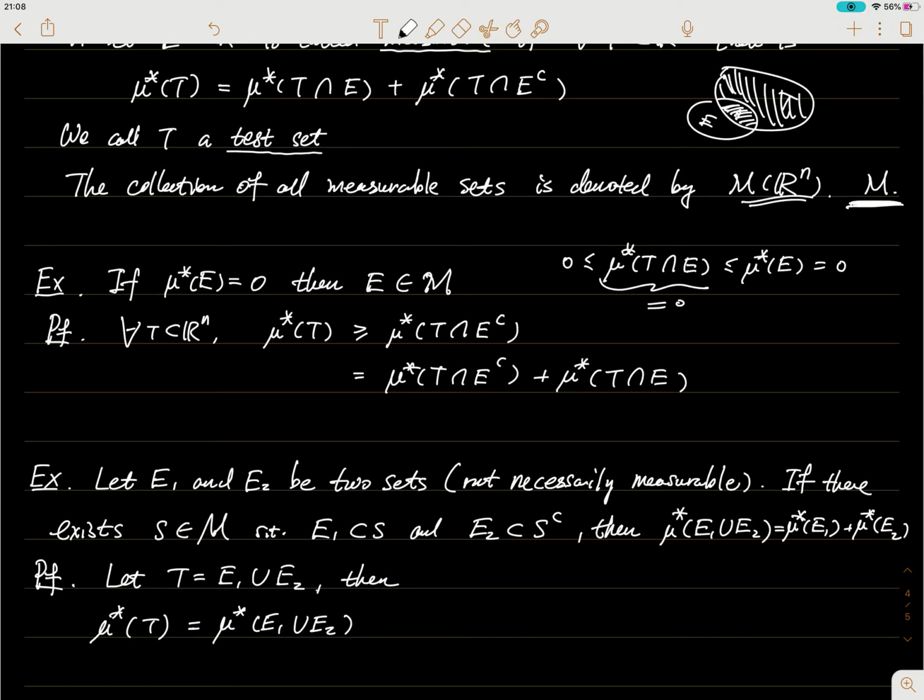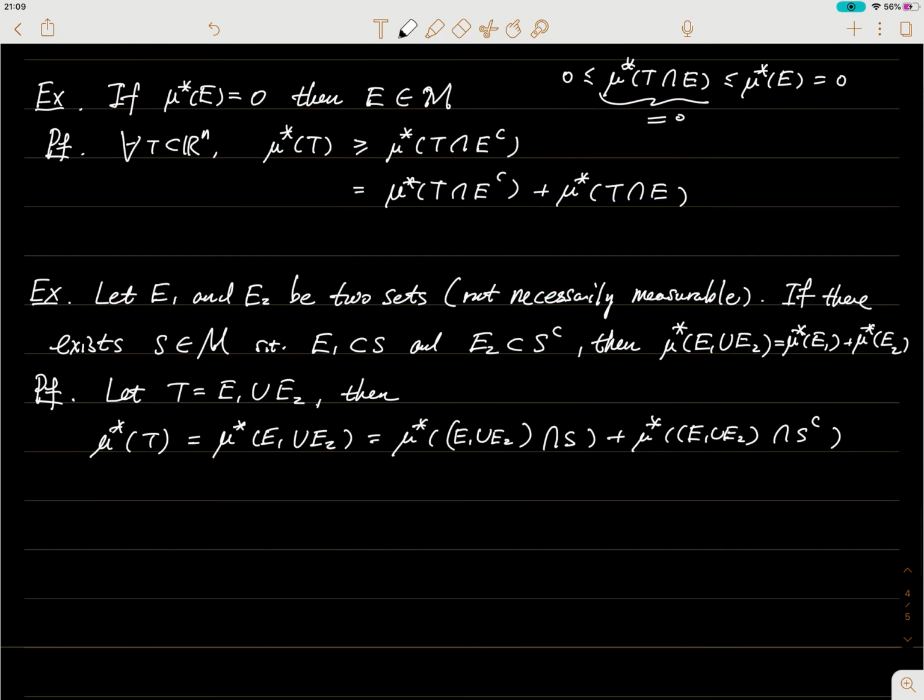And because S is measurable, this is equal to the mu star of E1 union E2 intersection with S, plus this same set intersection with S complement.